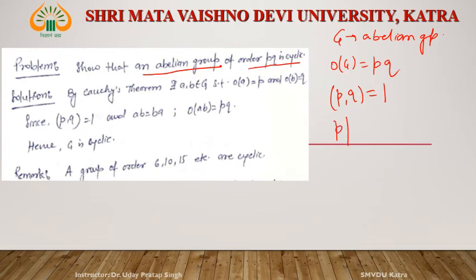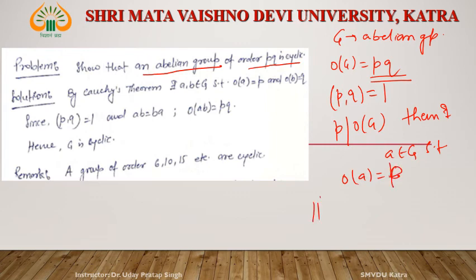Then P divides the order of G. By Cauchy theorem, P divides PQ, it means P divides the order of G. Then there exists a in G such that order of a is equal to P. Similarly, Q divides the order of G. Then by Cauchy theorem, there exists b in G such that order of b is equal to Q, and P and Q are relatively prime.